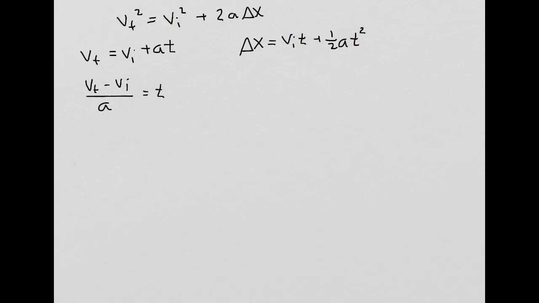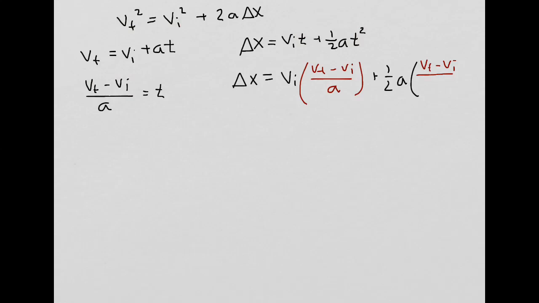It's a lot of math involved, but you should be able to follow the steps. So delta x equals vi, and I'm plugging in for t, which is this guy. Okay, so I've plugged in for t, and then I'm just going to simplify that down.